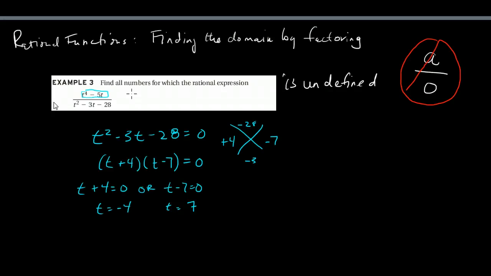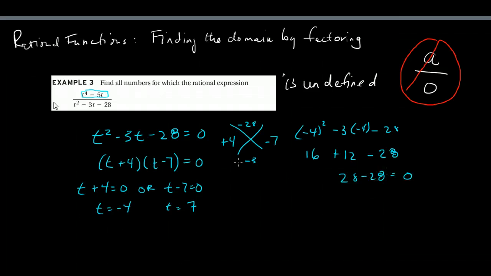Now let's see what happens if I put that in. Let's substitute in a negative 4 for t. I will get negative 4 quantity squared minus 3 times negative 4 minus 28. That'll be 16 plus 12 minus 28, or 28 minus 28, which is indeed 0.